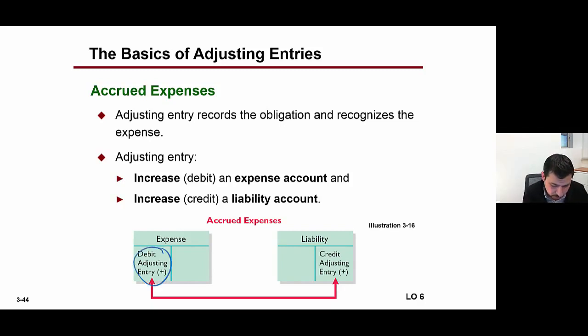Remember, we debit the expense to increase it, and we credit the liability to increase it, because the liability, in this case, for example, interest payable, and the interest expense were both not recorded before the adjusting entry, and as a result, they were both understated. So until this point, they were both understated. We needed to increase them, so we debit the expense account, and we credit the liability account.